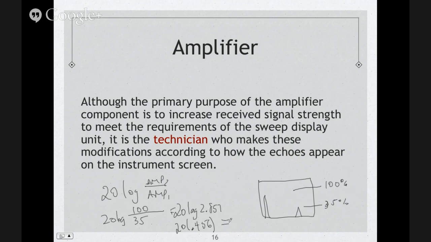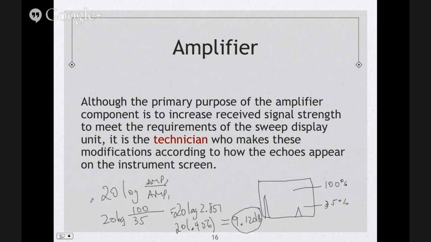And then when you multiply that by 20, you're going to see that you need 9.12. So to increase my indication from 35% to 100%, I would need 9.12 decibels. That's what I would need.